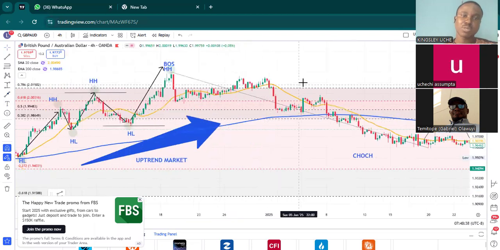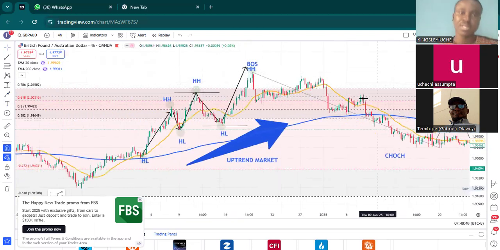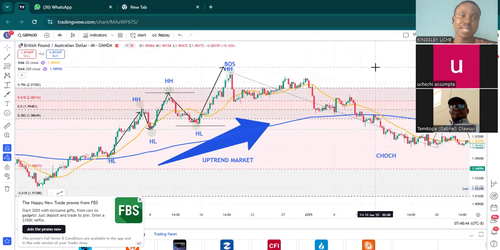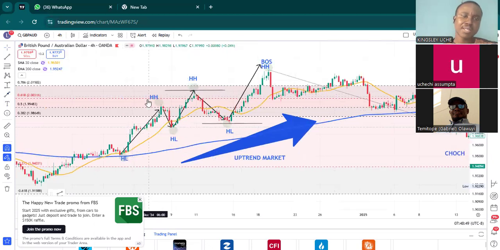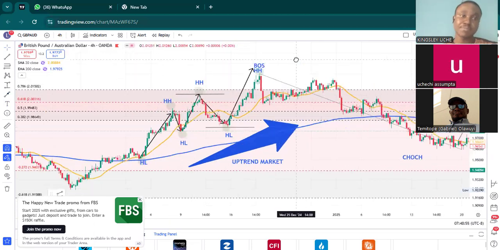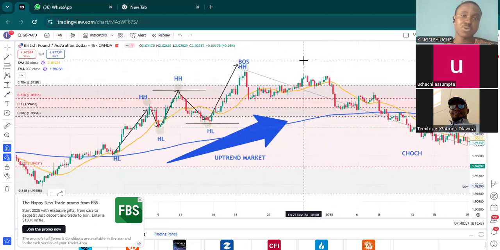That's what we need to see if we are looking at an uptrend market on any pair. Now we have higher high, higher low, higher high, higher low, higher high, and higher low. That's the first step you need to look at before you start anything.